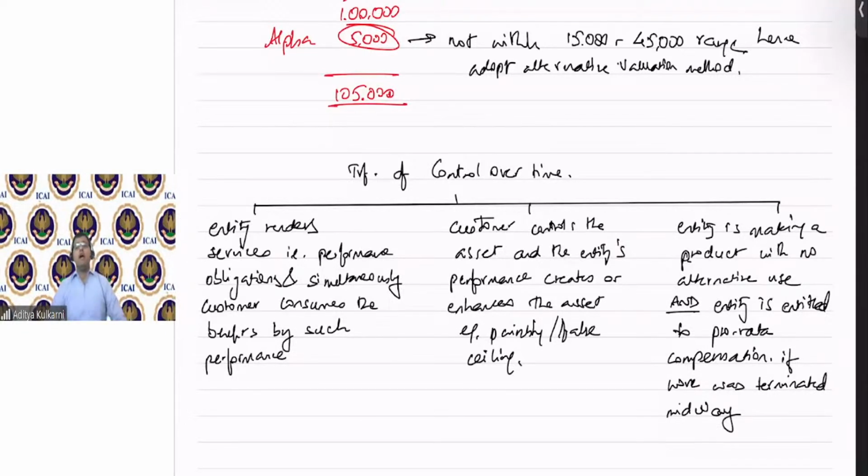Suppose you are an entity designing a missile for the defense, or a space rocket for ISRO, or an aircraft for Indigo. Take any example, Boeing, aircraft, whether it is a missile or a space rocket.